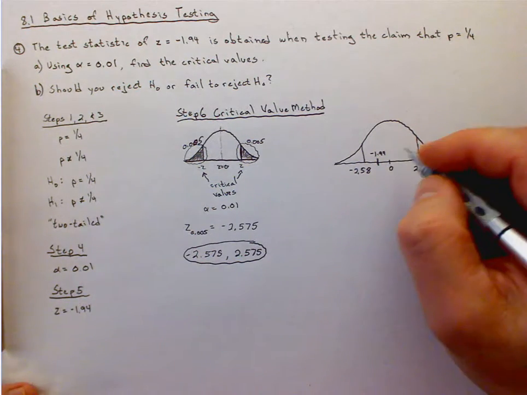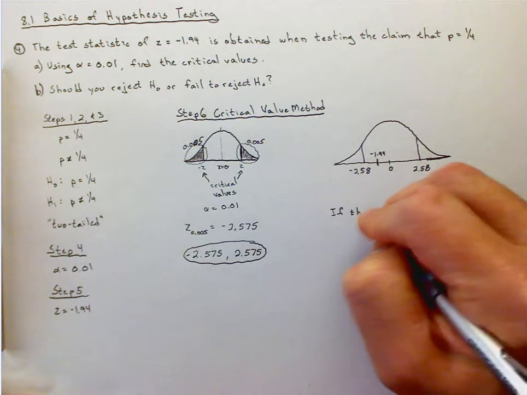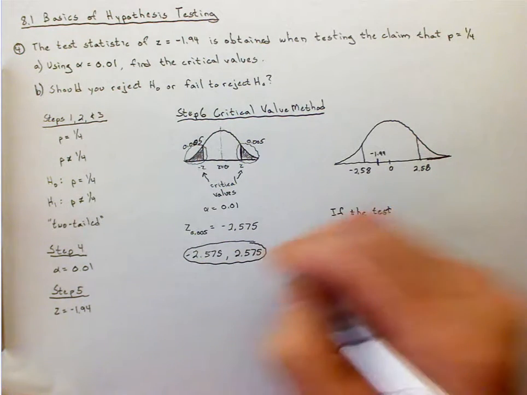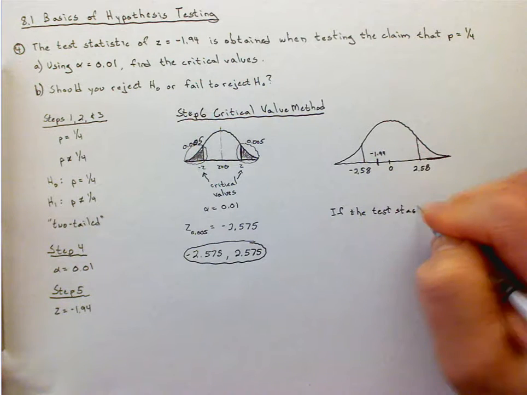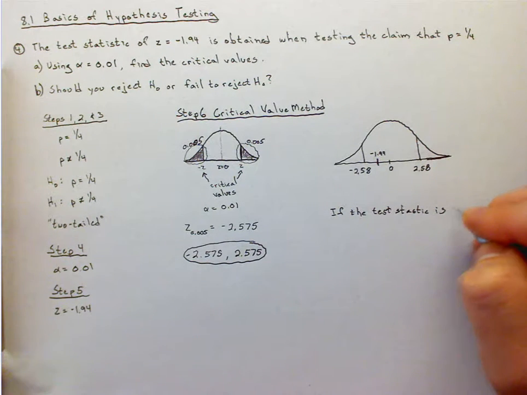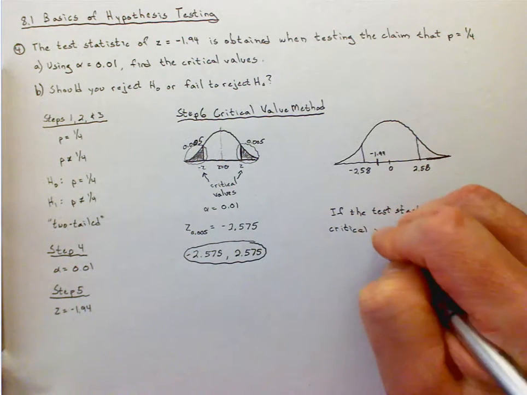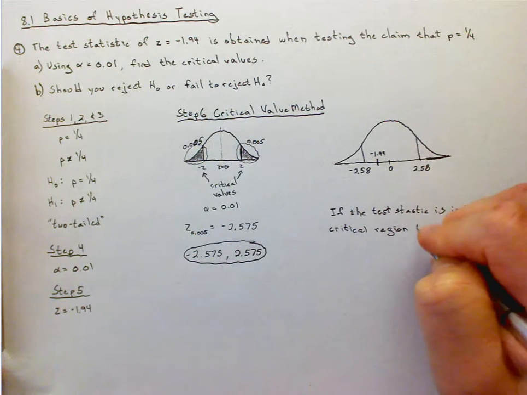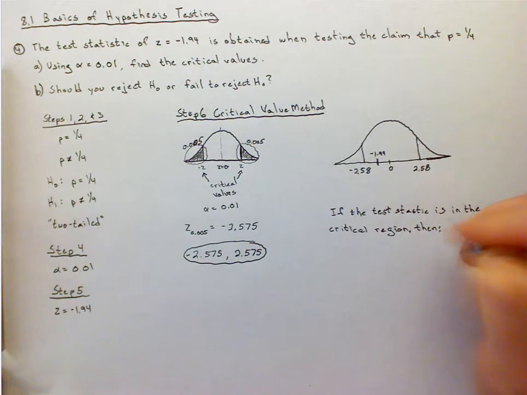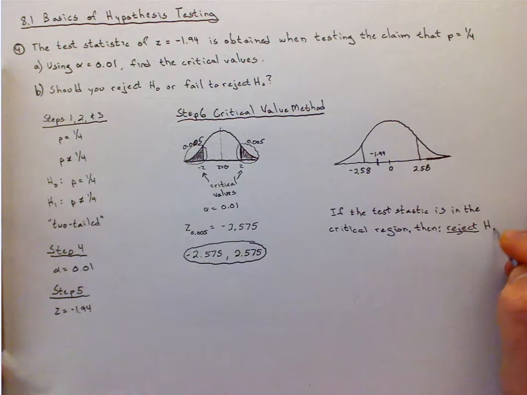With our critical value method, if the test statistic is in the critical region, then reject H0.